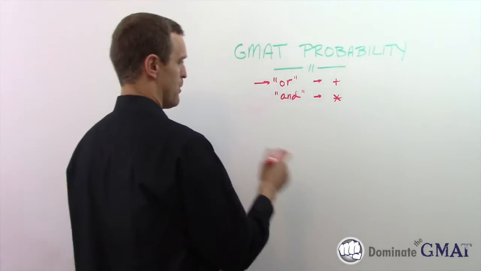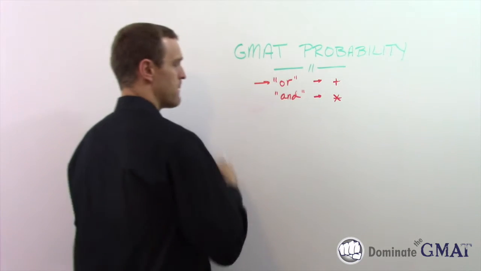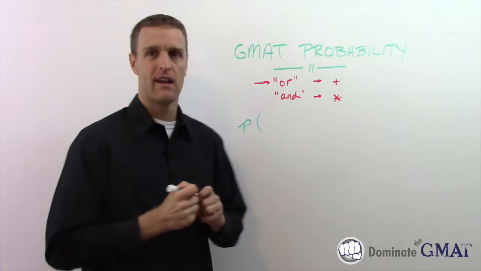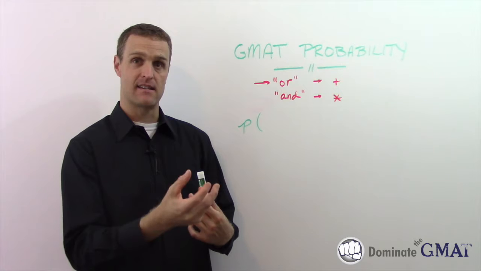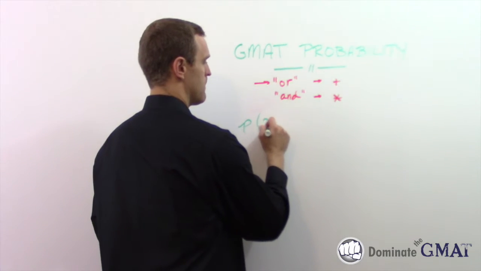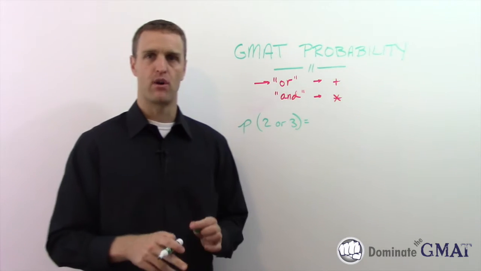So, for example, let me change pen colors here. What's the probability of rolling a die, one 6-sided die, and getting a 2 or a 3?